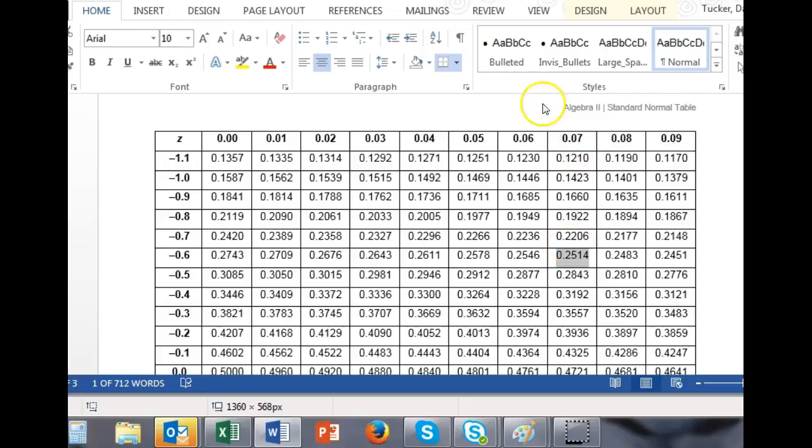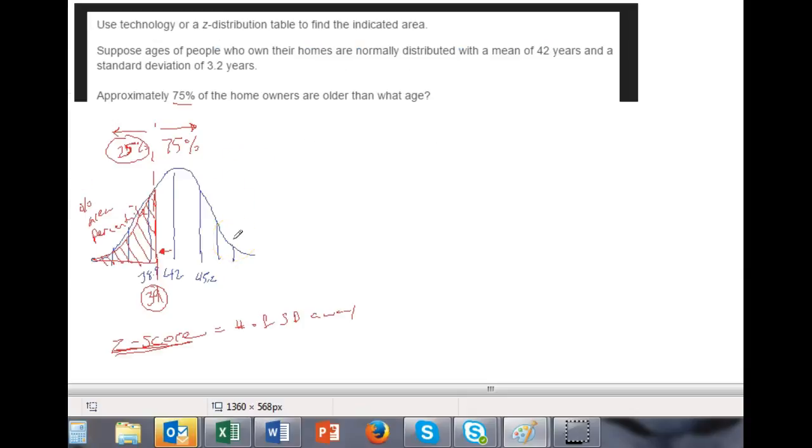So there's my z-score. The associated z-score for this percent is negative 0.67. I should have said 0.67, but that's okay. You'll get the idea. Okay, there's the z-score.